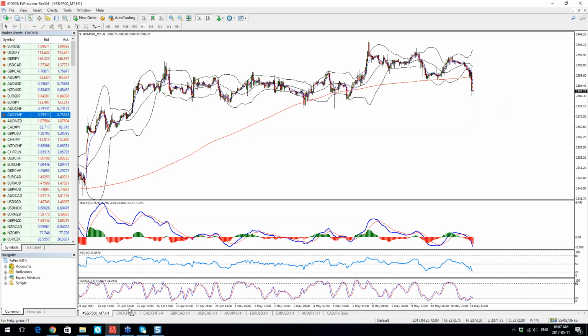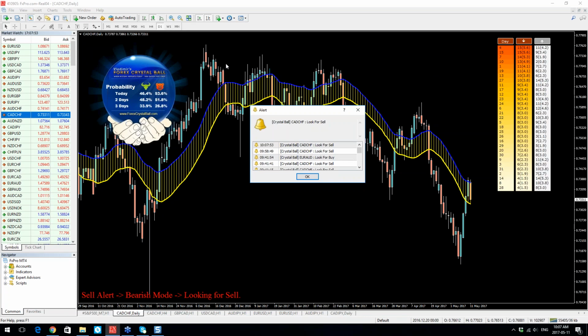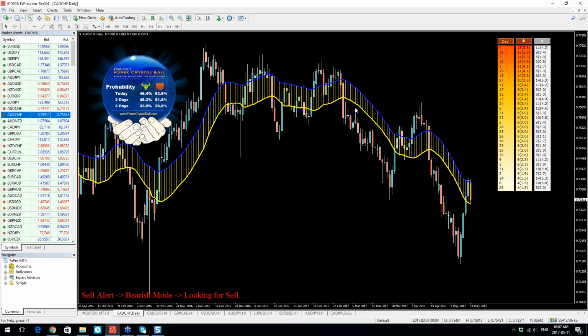Let's begin, guys. So just a quick reminder, first of all, by the way, we are here in a sell mode for the Swiss franc today on the short term. We'll discuss it. First of all, a quick reminder, okay? We have 2 options to trade with the crystal ball generally, right? But before we even consider what to trade, we have 3 tools that help us do that.